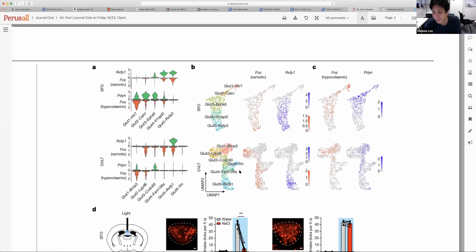So who would think that will remotely relate to osmotic stress? Again, the point is that the function of these genes has nothing to do with the cluster in most cases, right? In most cases, the genes that pop up don't have any relevance to the function of that cluster. And that's based on the assumption that the clusters are meaningful to begin with. We don't know if the clusters here are meaningful.